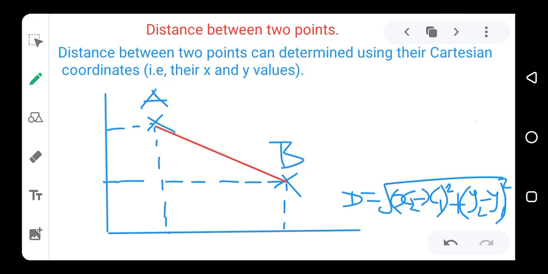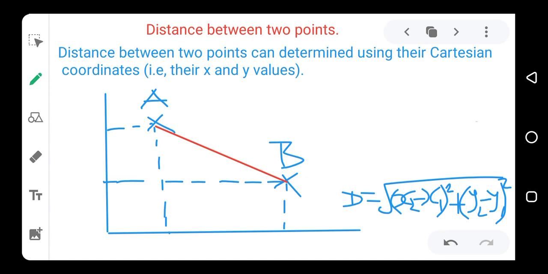Now, distance between 2 points: if we have the coordinates of two different locations, we can find the distance between them by using the formula, the square root of x2 minus x1 squared plus y2 minus y1 squared.